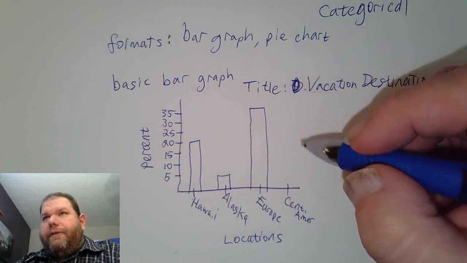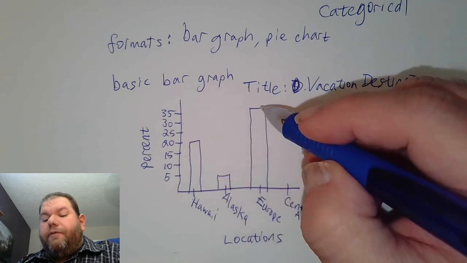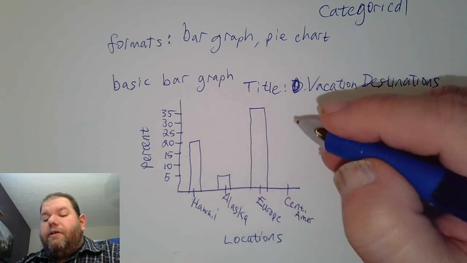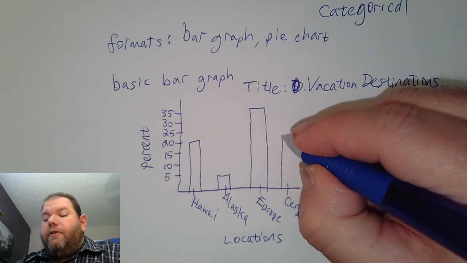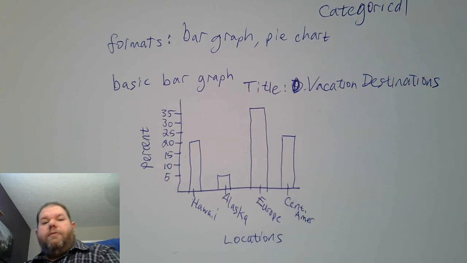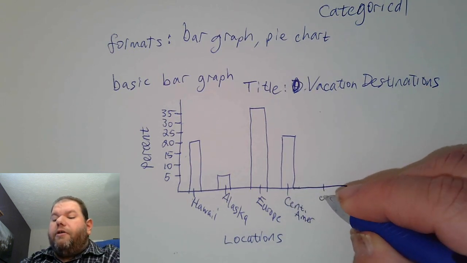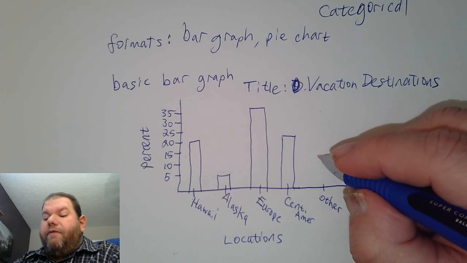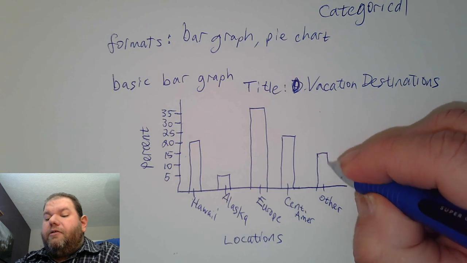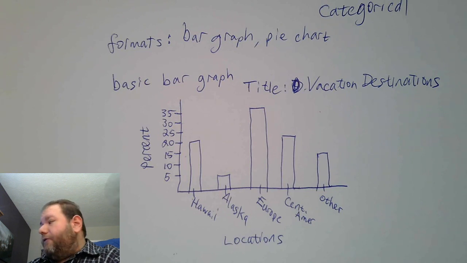And then what's left? 25, 35 is 60. So maybe another 25% chose Central America. And maybe I'll add one more category, other, which would be the remaining 15%. Ideally, that would add up to 100 if I did the math right.